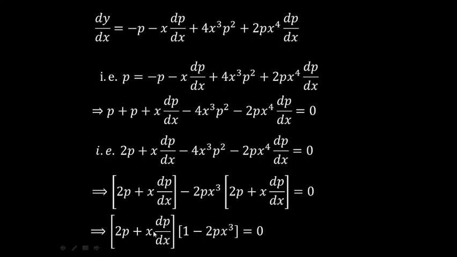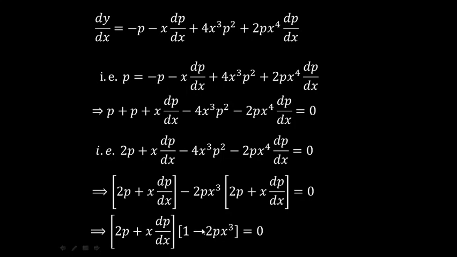In this way we will get the factors for this particular expression of the form 2p plus x dp by dx into 1 minus 2p x cube is equal to 0. Again we wish to solve this for p, so we will retain only that term from where we can get the expression for p easily.